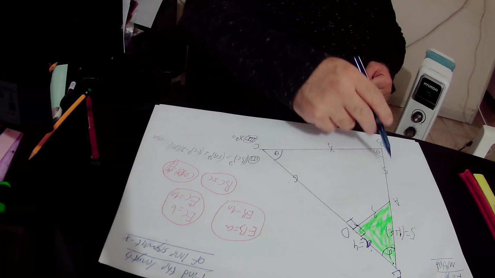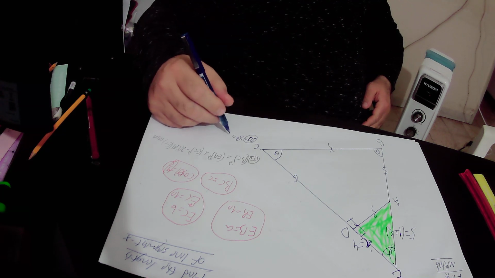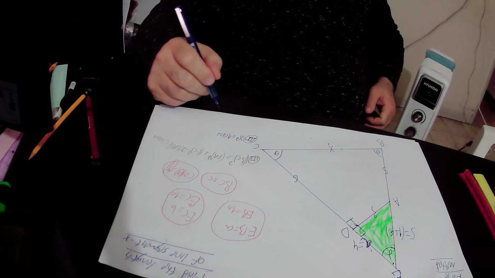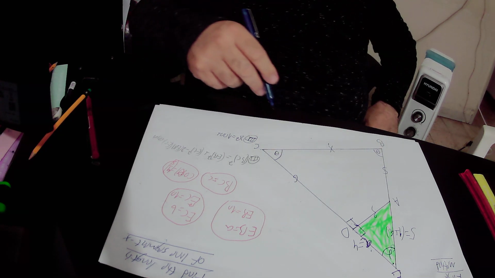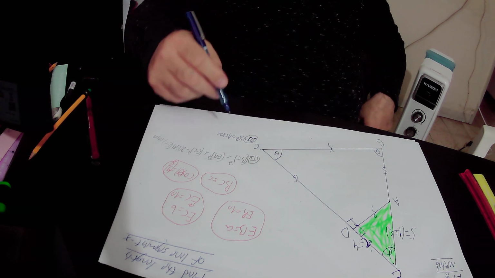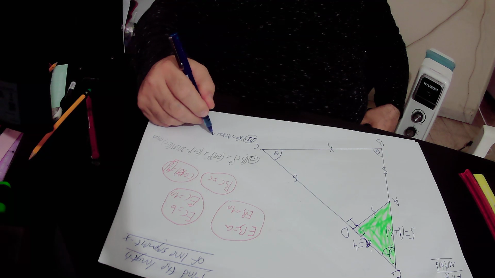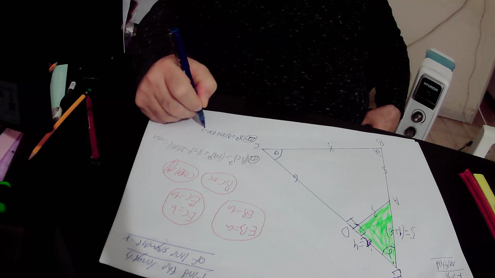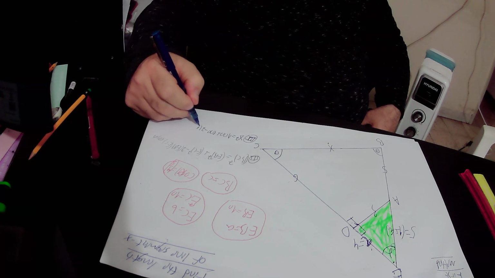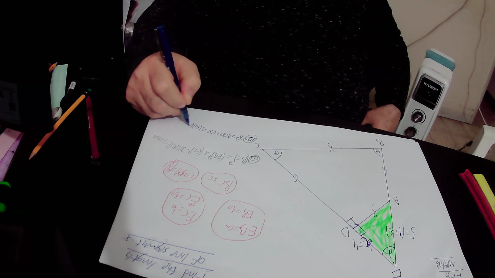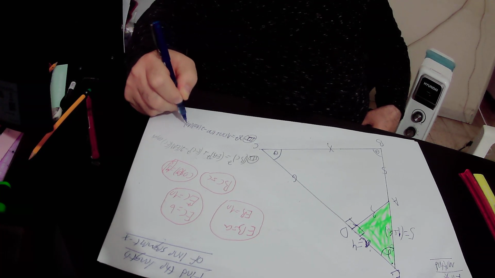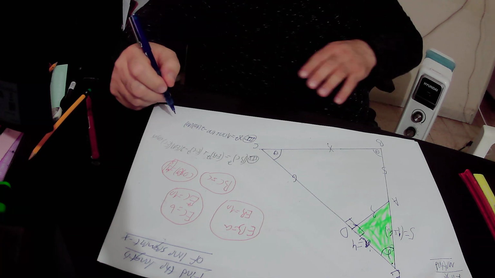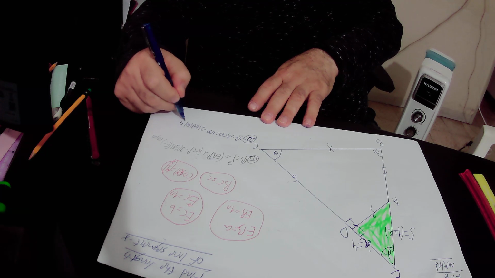EB equals 10 units, so EB squared is 10 squared, that is 100, plus EC squared. EC also equals 10 units, so EC squared is also 100, minus 2 times EB is 10, and EC is also 10, and cosine alpha equals 4 over 5, so we substitute cosine alpha by 4 over 5.